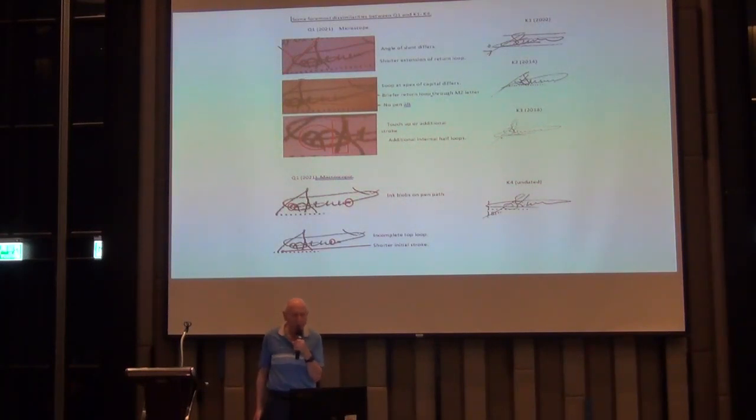Okay, so here's an example of a case that I did. The 3 top slides are microscopic photos taken with a microscope. The bottom question signature, these 2 there, have just been snipped from the actual document or looked at macroscopically. So by looking at it under a microscope, you can see the finer points.